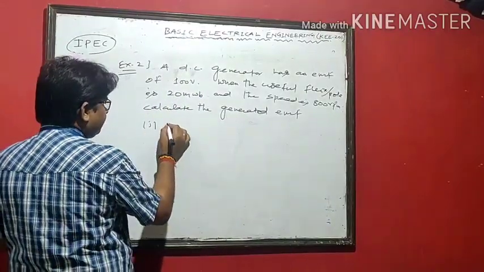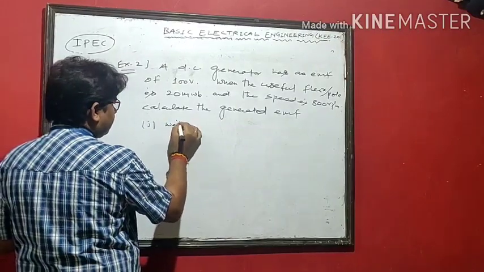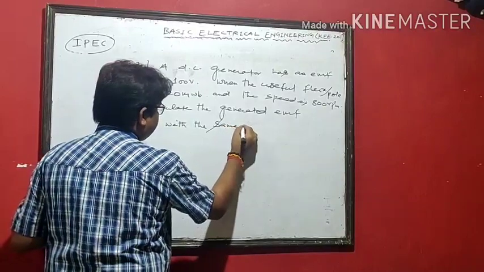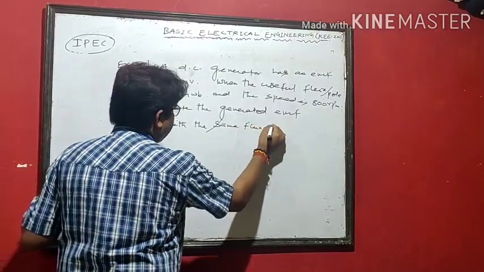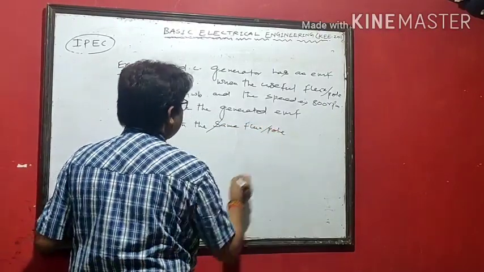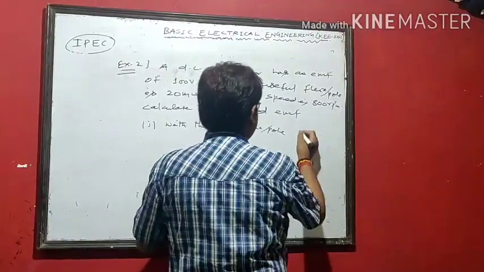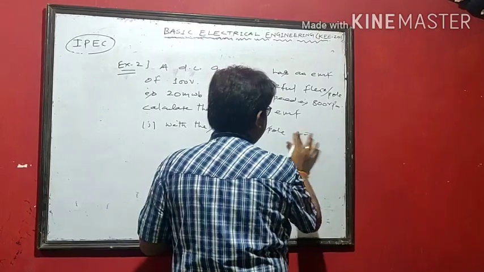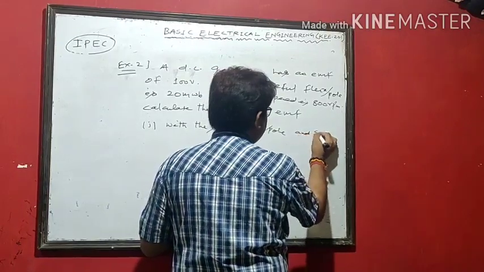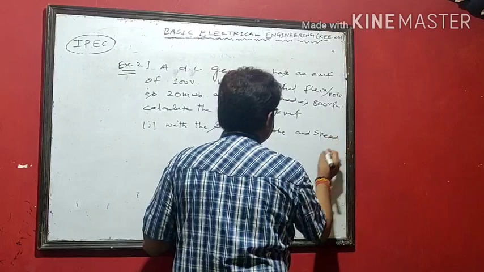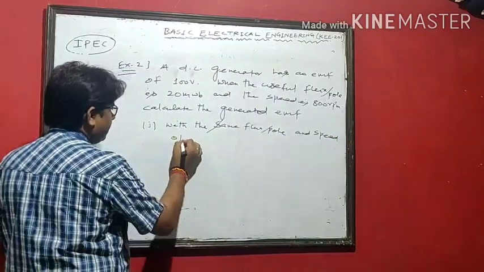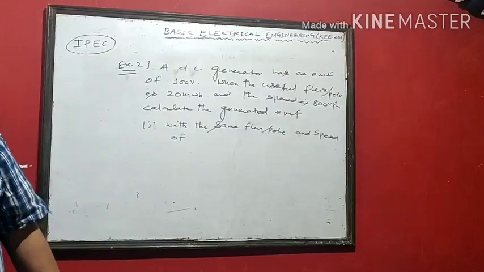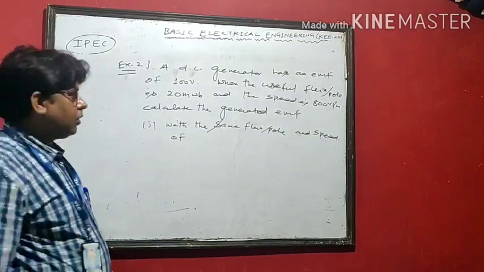with the same flux per pole and a speed of 1000 rpm.